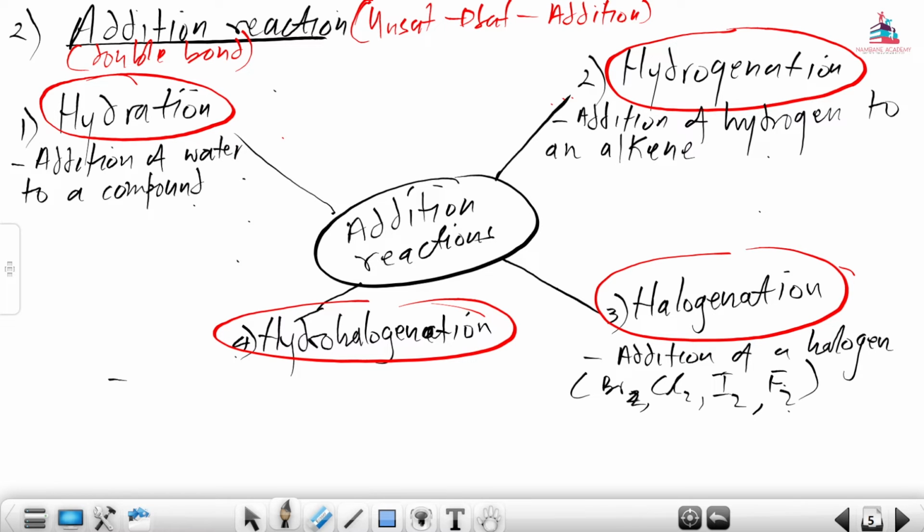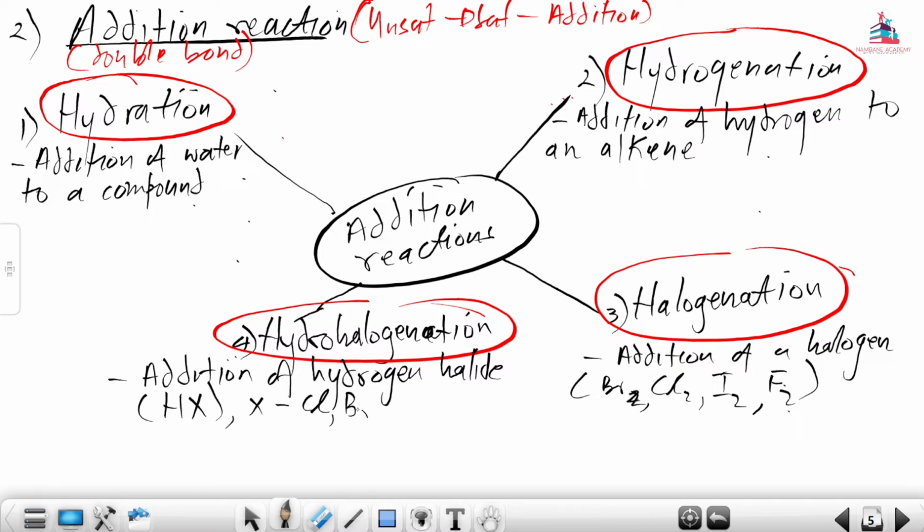Then hydrohalogenation, addition of hydrogen halide, say it's your HX, where X can be now Cl, Br, I, and F. So this is very, very important to understand.